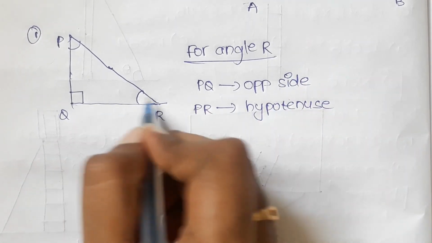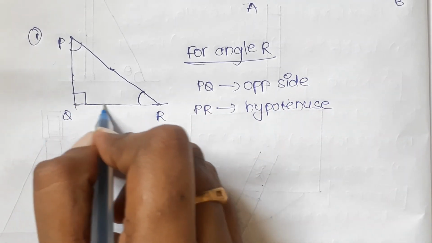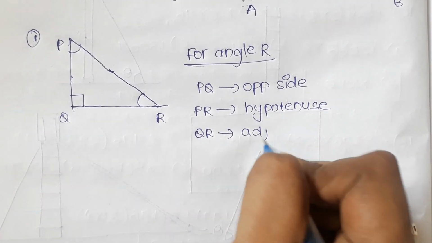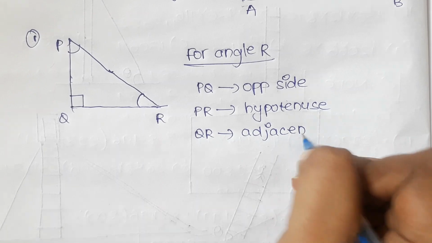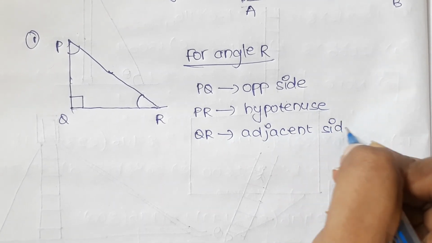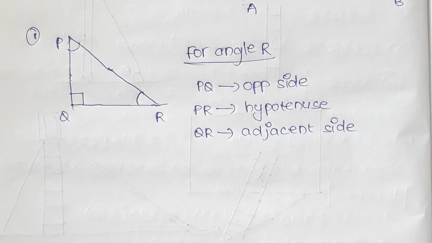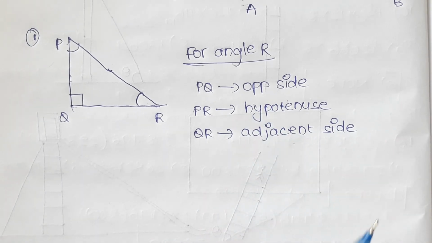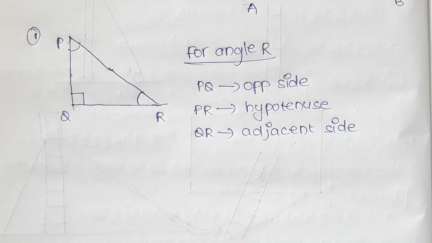And again, according to angle R, QR is the adjacent side. Similarly, for any triangle, you can find the opposite side, hypotenuse and adjacent side according to the given angle.